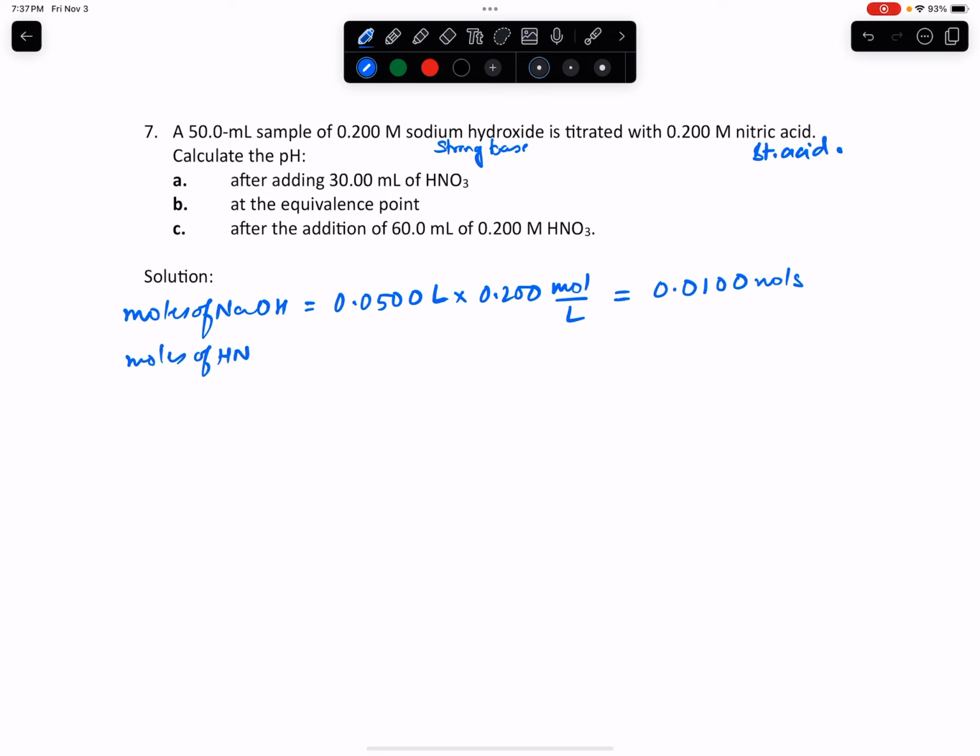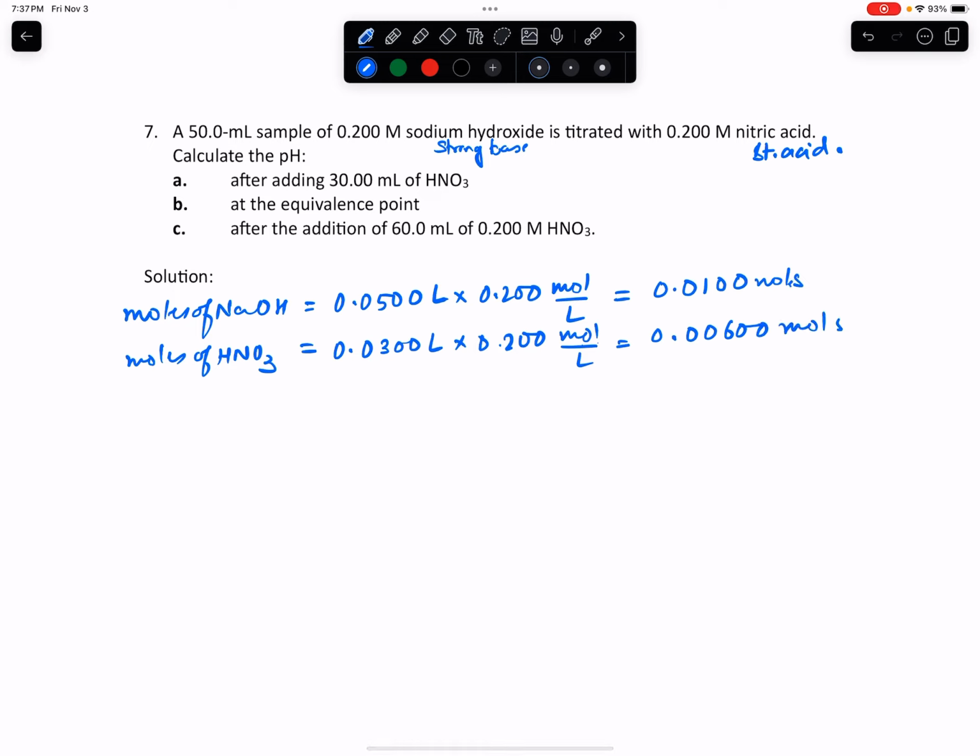The next thing we want to do is find out the moles of acid that were added. Moles of HNO3 added: again, we convert the volume 30 mL to liters, so that's 0.0300 liters times 0.200 moles per liter of acid, and that is equal to 0.00600 moles.